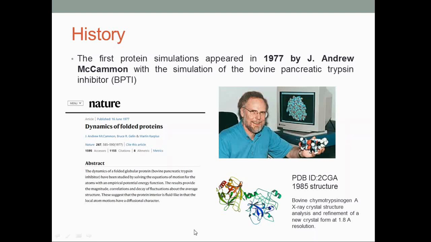The paper was published in Nature on 16th of June of 1977, and the PDB structure for it was later available after a few years in Protein Data Bank. The PDB ID for the structure, that is your trypsin structure, is 2CGA, so you can go and check it.